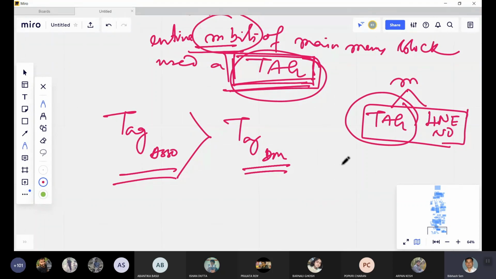Since there are n cache blocks, n tags are needed. Total number of blocks is 2 to the power n, so n tags will be needed. These tags can be stored either in the cache memory itself or separately in an associative memory called the tag directory. I showed you the concept of the tag directory earlier. So sometimes it is stored separately in the tag directory itself.